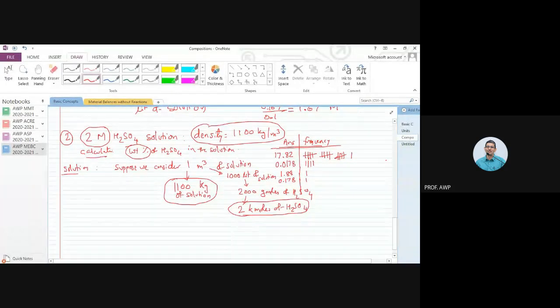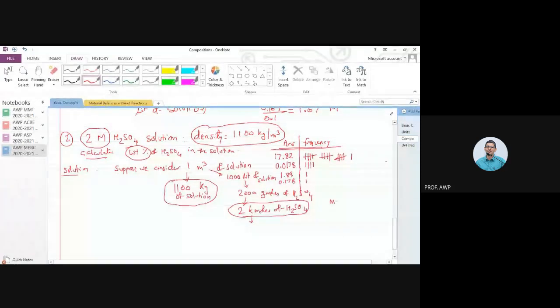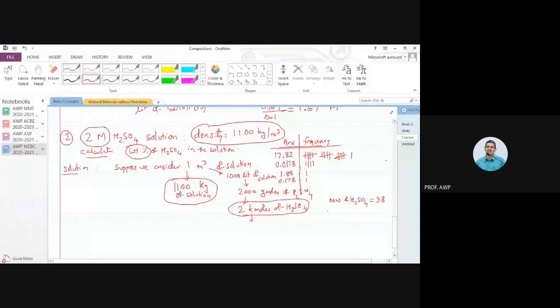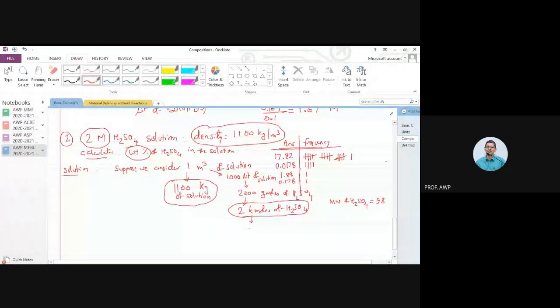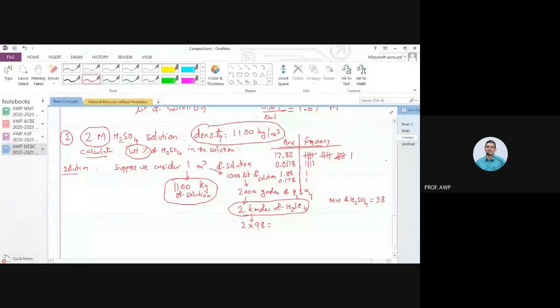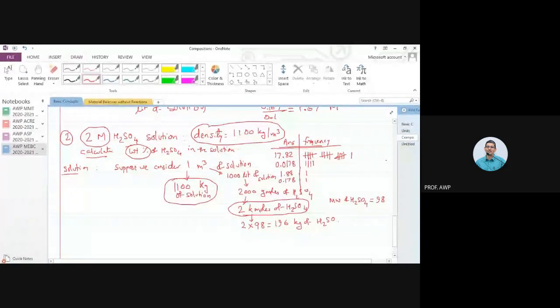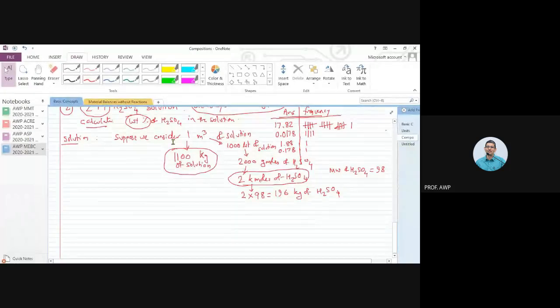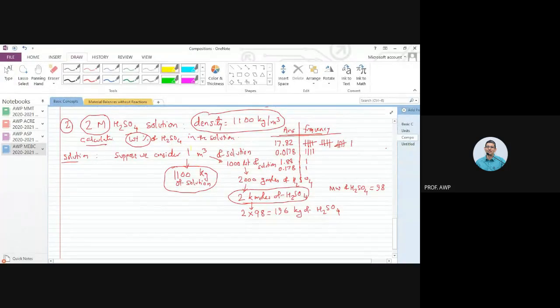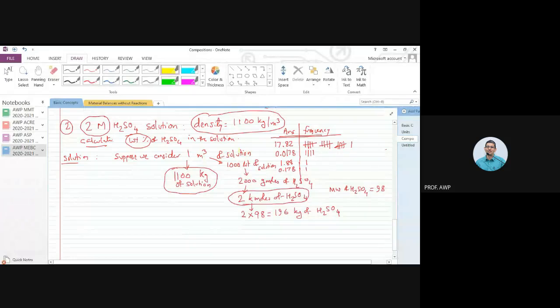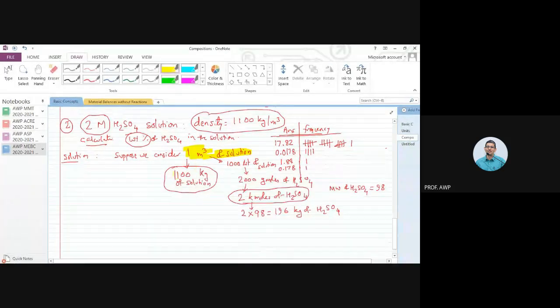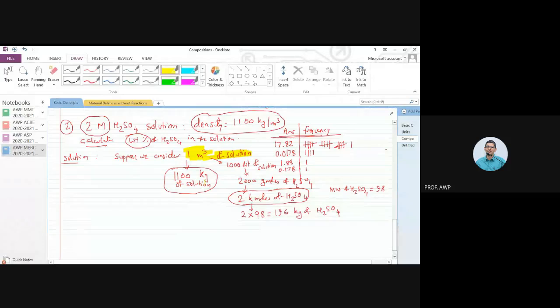What would be the mass of that 2 kilomoles of H2SO4? I need the molecular weight of H2SO4. The molecular weight of H2SO4 is 98. So 2 kilomoles of H2SO4 would be 2 multiplied by 98, which is 196 kilograms of H2SO4. So when I take 1 meter cube of solution, I have 1100 kilograms of solution.